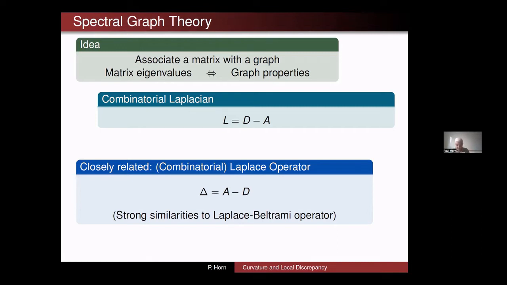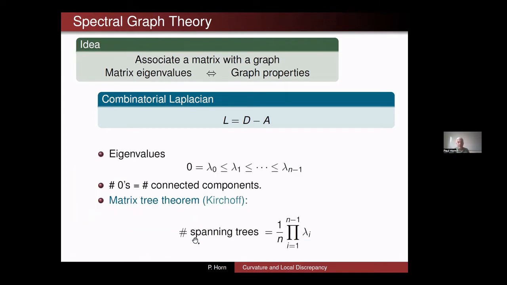So in order to get results that look a little bit more like the results from geometry, one often changes the sign here. And I will use delta to be this sign-changed Laplace operator. All right. And there are many things that you can tell from these.